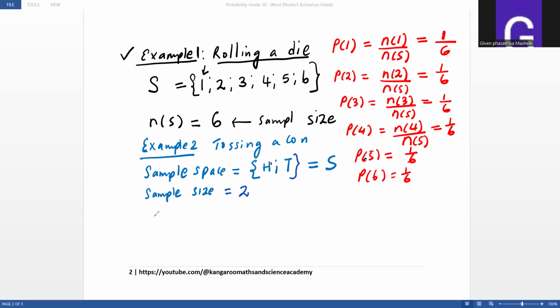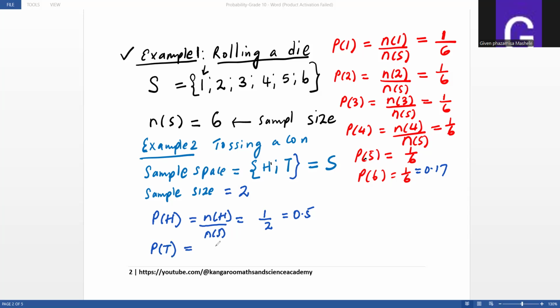So now, what is the probability of getting heads? It will be the number of heads divided by the sample size, which is only 1 out of 2, which is 0.5. Then, what is the probability of a coin landing on tails?